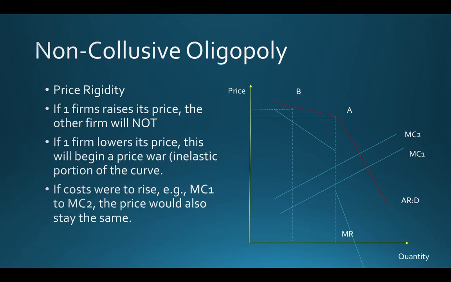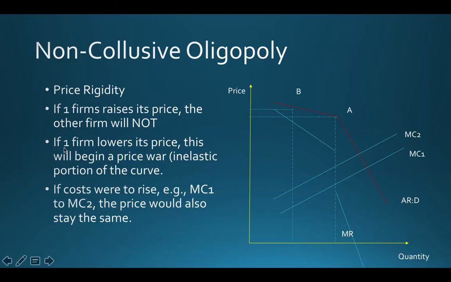So if the firm raises its price from A to B, you can see that from here to here, the price will go up. But we have a huge drop in quantity. So a small change in price, big drop in quantity. You can easily do the math there and figure out that if we have a small increase in our price, but we lose a ton of customers, the revenue is going to go way down.